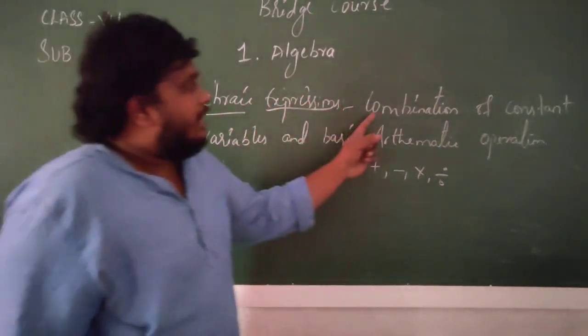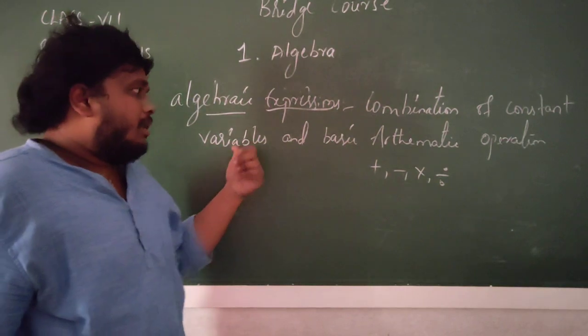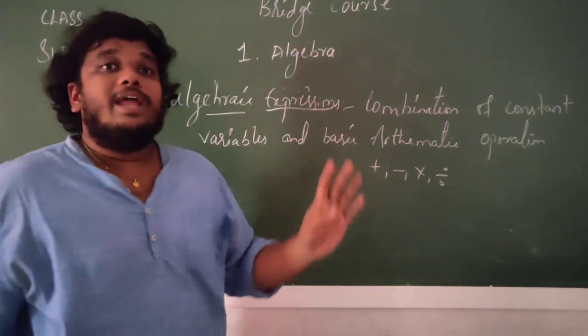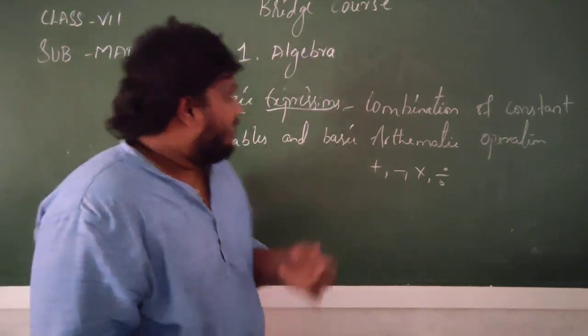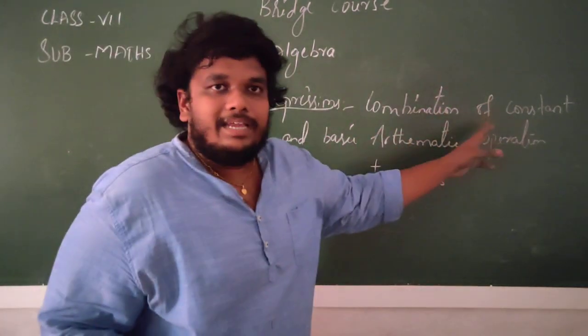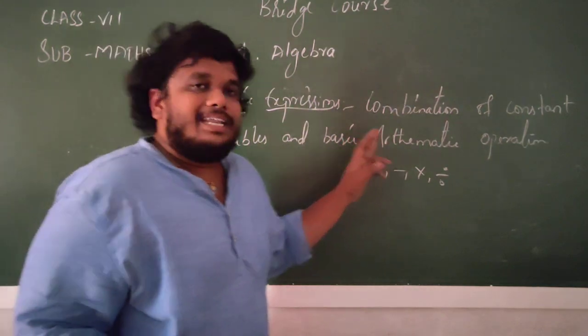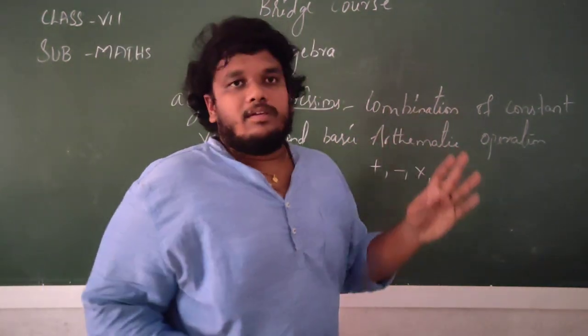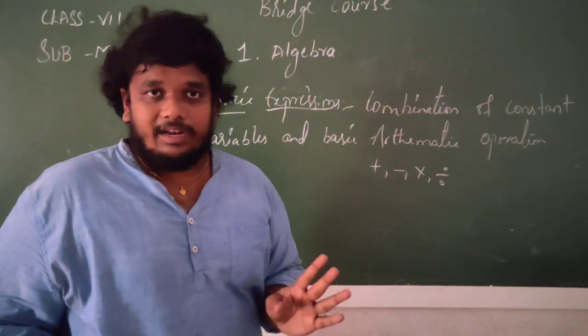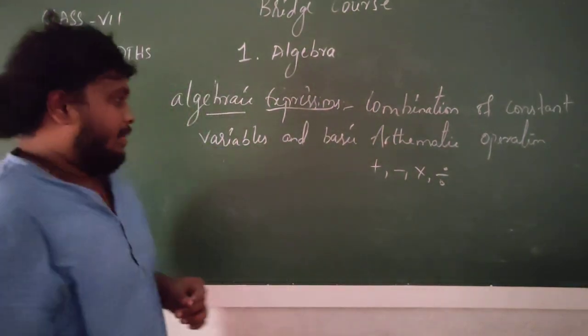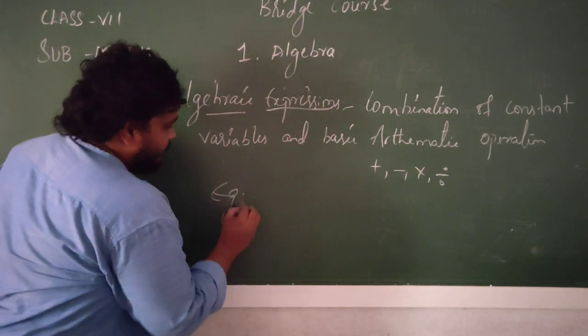The combination of constants, variables and arithmetic operations are known as algebraic expressions. So I repeat again, the combination of constants, variables and basic arithmetic operations are known as algebraic expressions. Is it clear? Now we'll see an example.